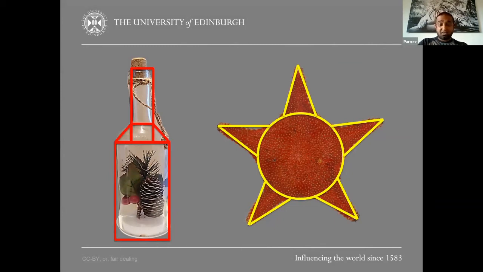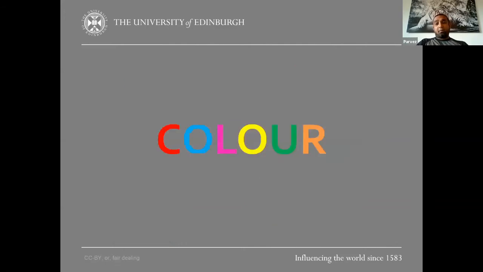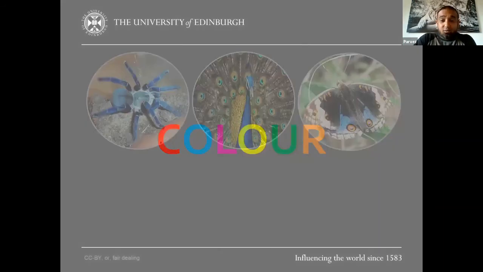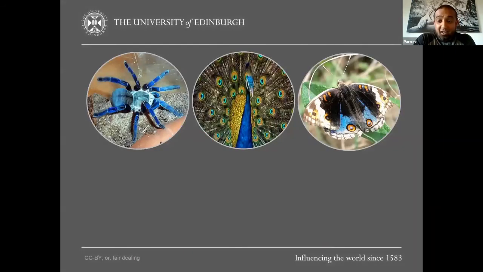I'm going to move on to color. This is a short talk, admittedly, but hopefully it's interesting enough nevertheless. And when it comes to color and shape, I'm just going to give you three examples, three different organisms here.